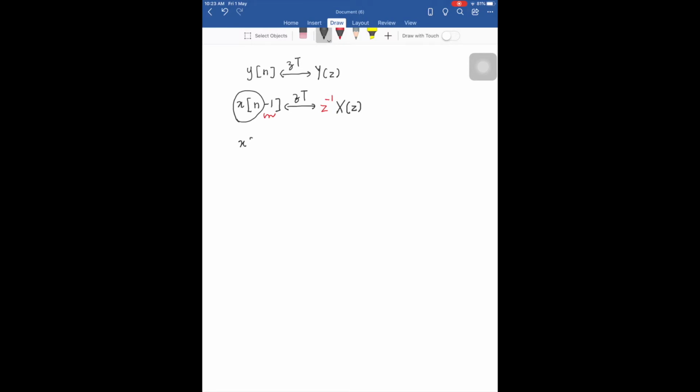The same goes for x[n minus 3]: the z transform is z minus 3 times X(z). Similarly for y[n minus 1], y[n minus 2], y[n minus 3].